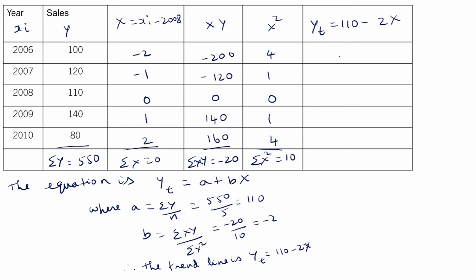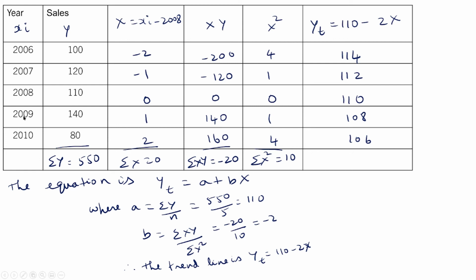So it is plus 4. 110 plus 4 is 114. Then 110 minus 2 into minus 1. So it is plus 2, which is 112. Then 110 minus 0. Then 110 minus 2 and 110 minus 4. So these are the trend values for various years.